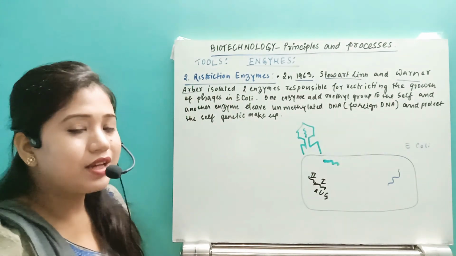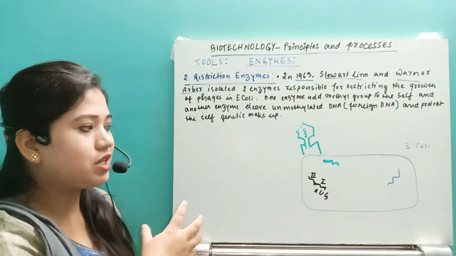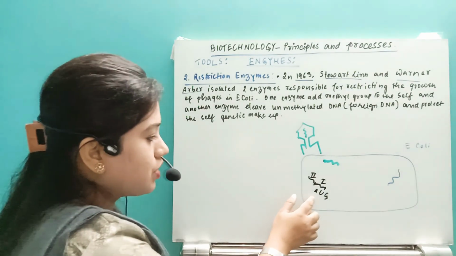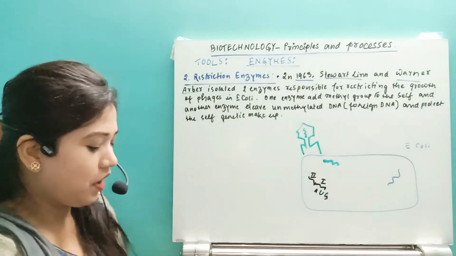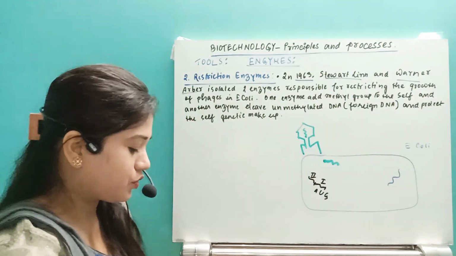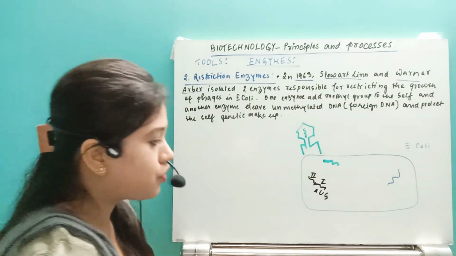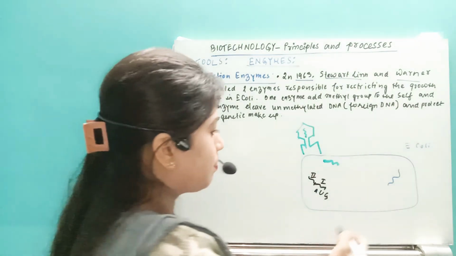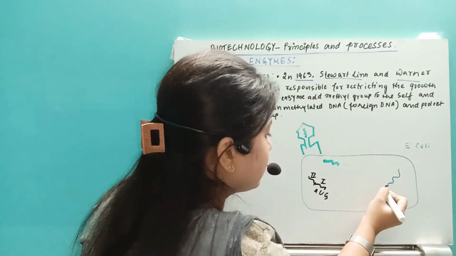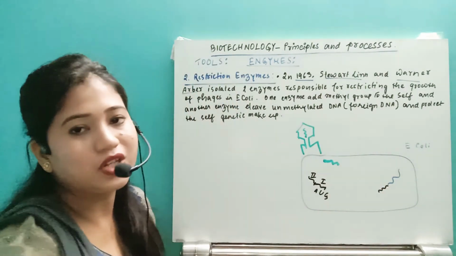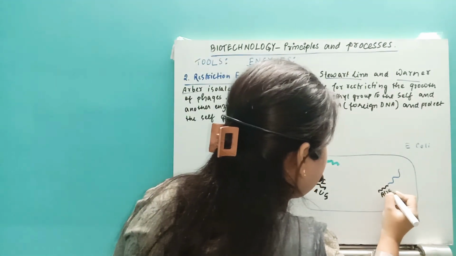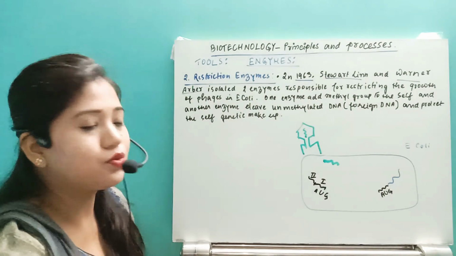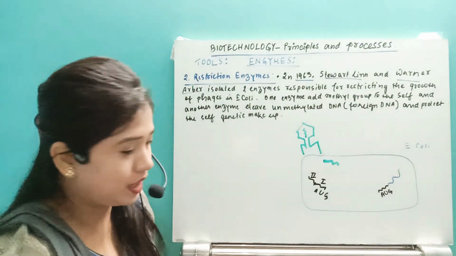At that time, what is it going to do? This restriction enzyme is going to break, and the first part, which is the methylating part, will get added to the self genetic makeup.